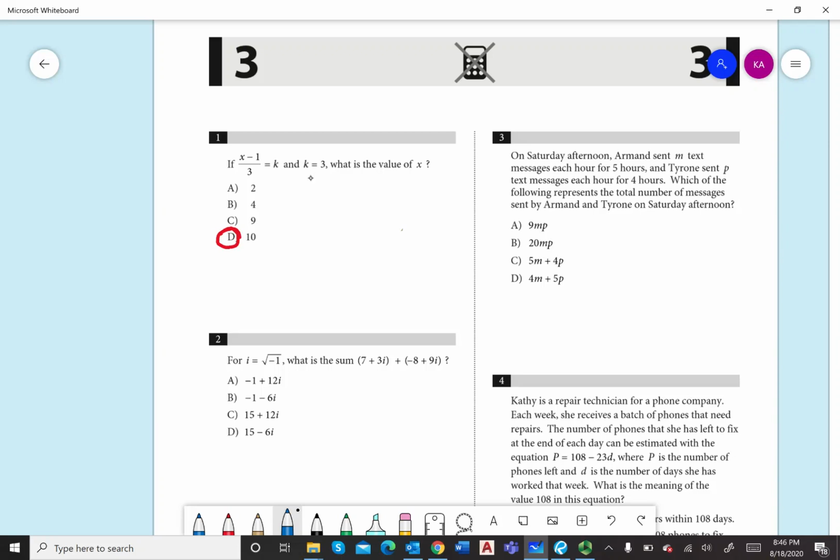K is equal to 3. So right away we can write this. Then we do the cross multiplication. So it will be x minus 1 times 1 is equal to 3 times 3, which is 9. So we add 1 on both sides. We get x is equal to 9 plus 1, which is 10. So in a few seconds, we're able to get the answer to that.